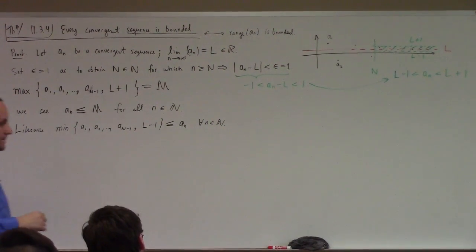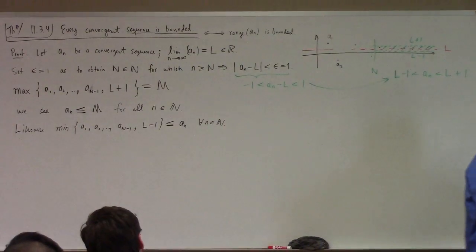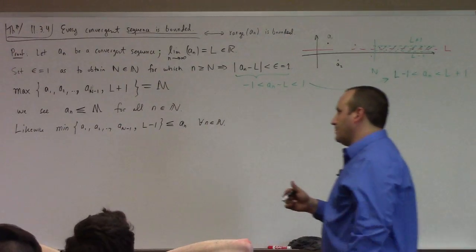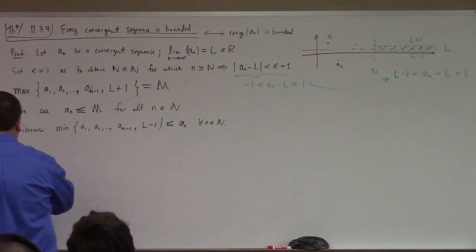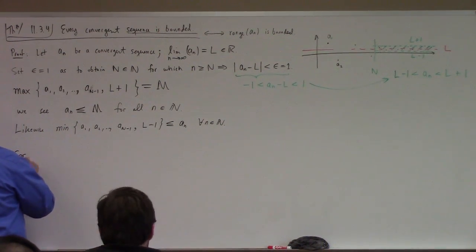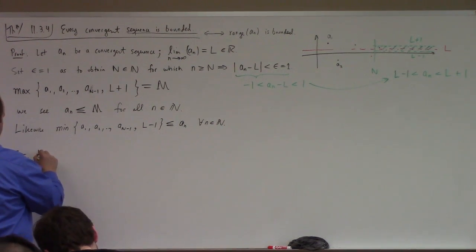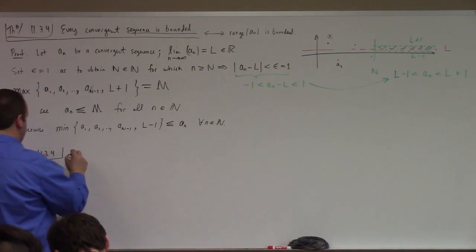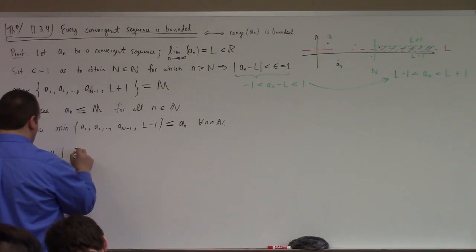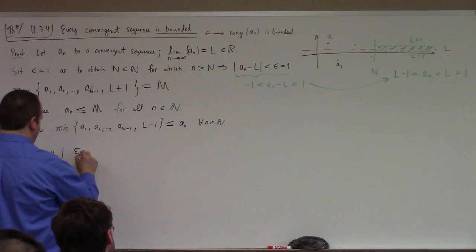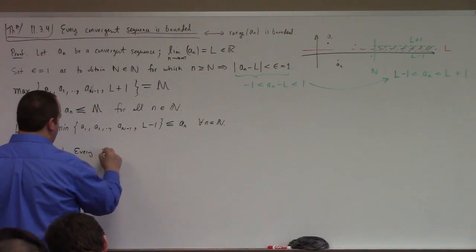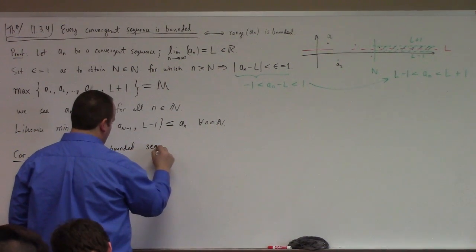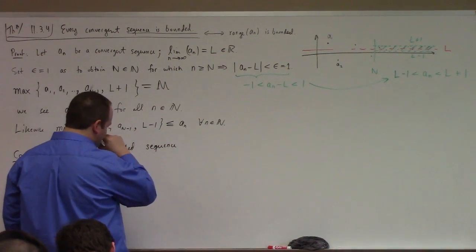Now, this alone is not that interesting. What's interesting is the corollary to this theorem. Do you know what a corollary is? Corollary of 11.3.4. It's an immediate consequence of this, which is that every unbounded sequence does what?